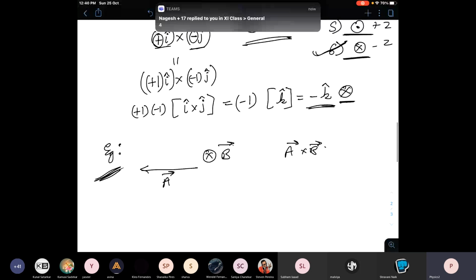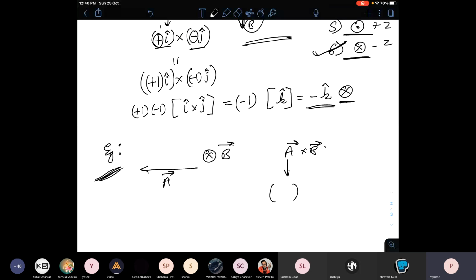Again, let's see the calculations. If I am talking about the direction of A vector, I can see that it is in the negative x direction. Negative x means minus i cap. Cross B vector is in the downward, inward direction, that means minus k cap.